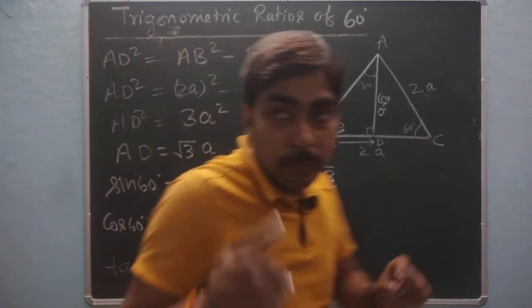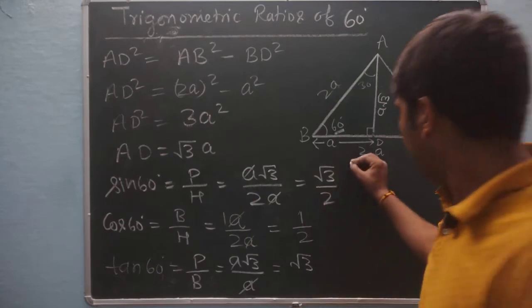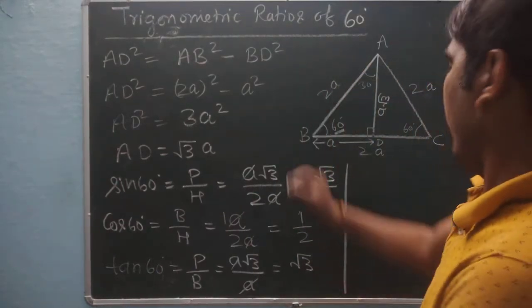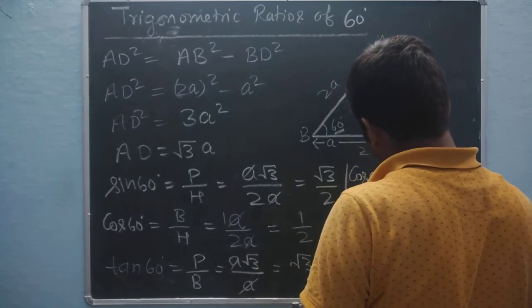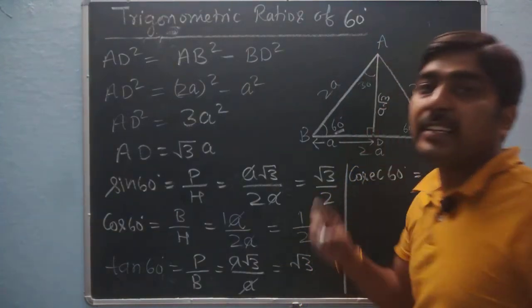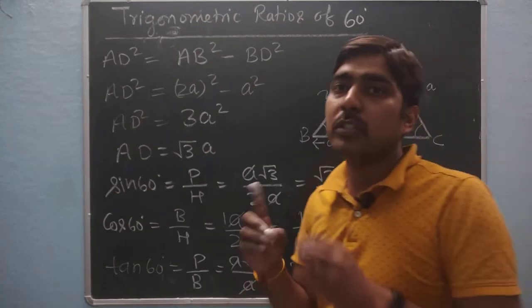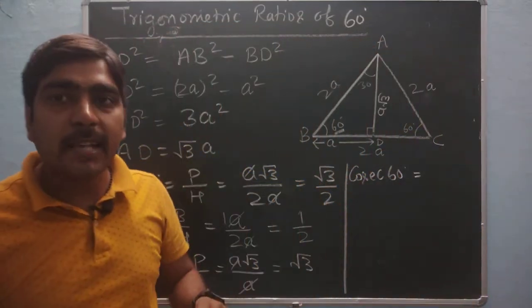Now there are 3 ratios remaining. What will be cosec 60? Cosec 60 is 1 by sine 60.